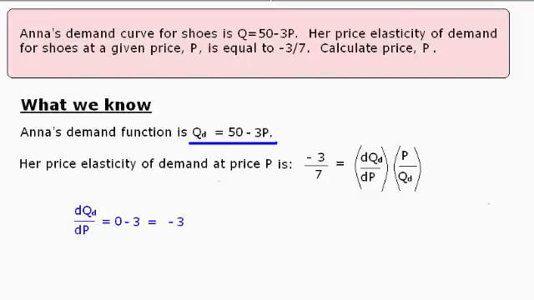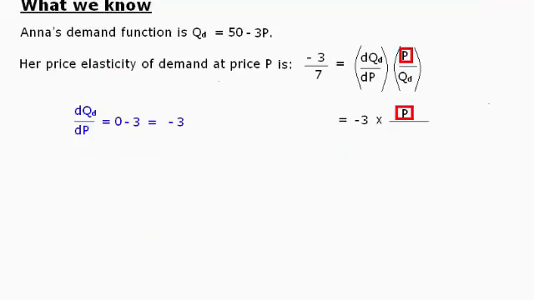So the derivative of the demand function with respect to the price is negative 3. Now we can fill that into our elasticity of demand function, which leaves us with negative 3 multiplied by P, the price, divided by Q, which is 50 minus 3P, which is equal to negative 3 over 7, our price elasticity.